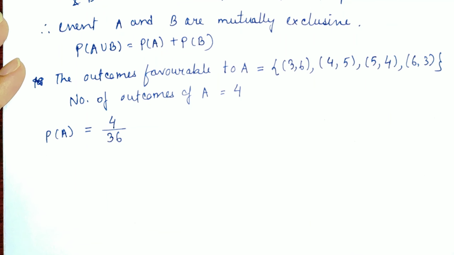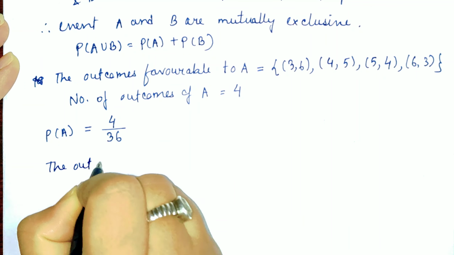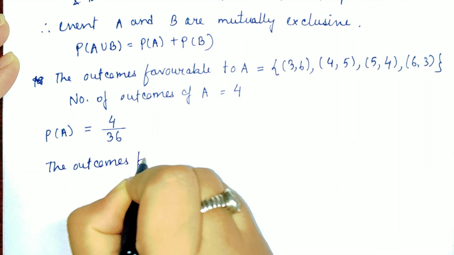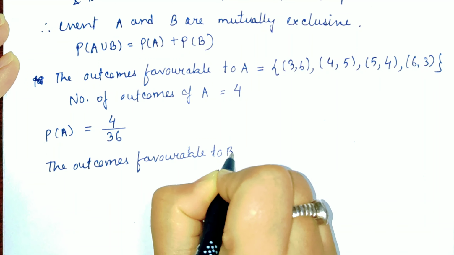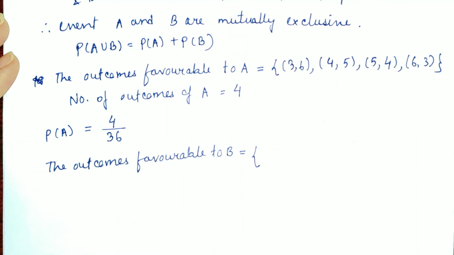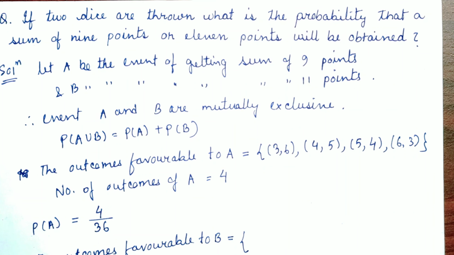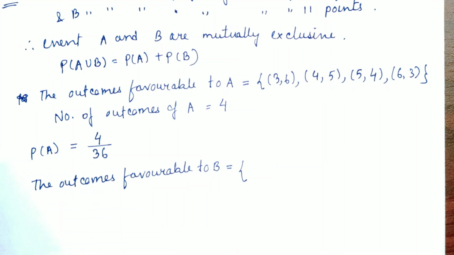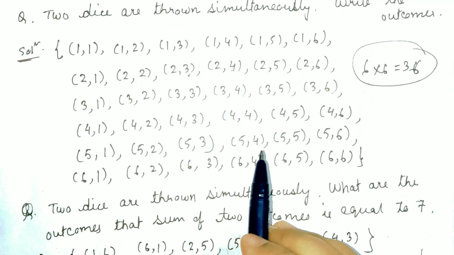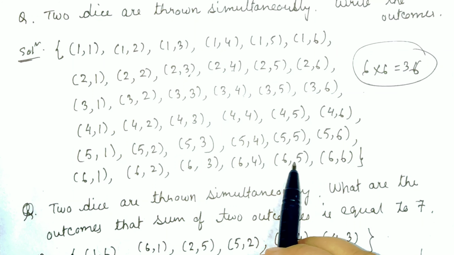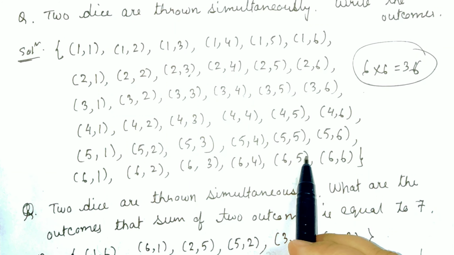We will find out the outcomes which are favorable to B. Here B is the event of getting 11 points. Sum will be 11 points. Now here 6, 5 is 11 and 5, 6 equal to 11.